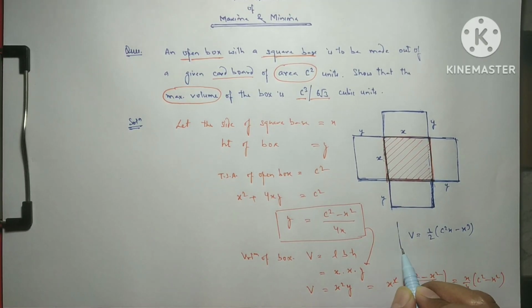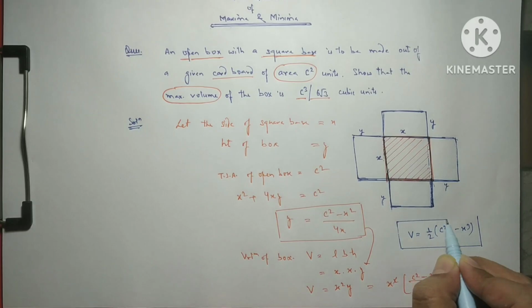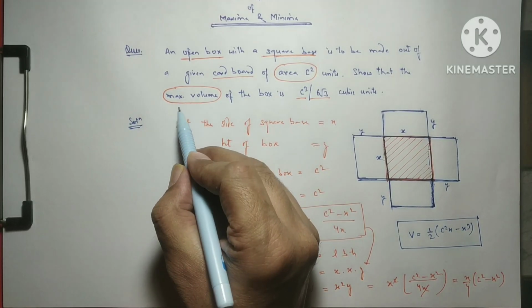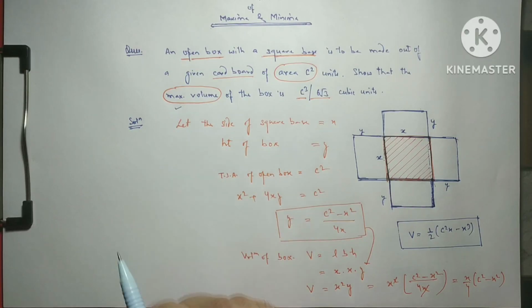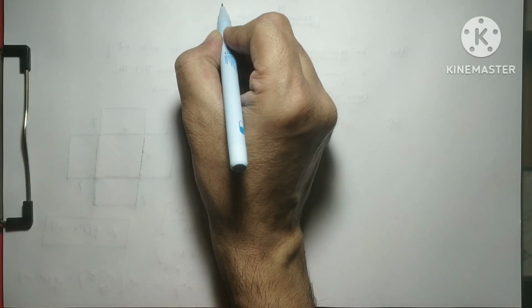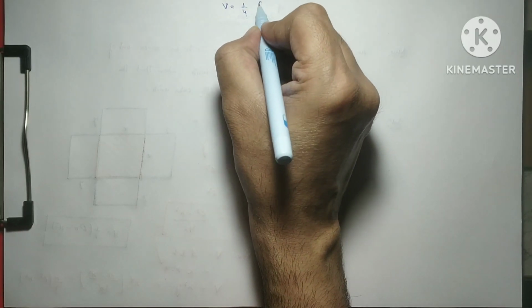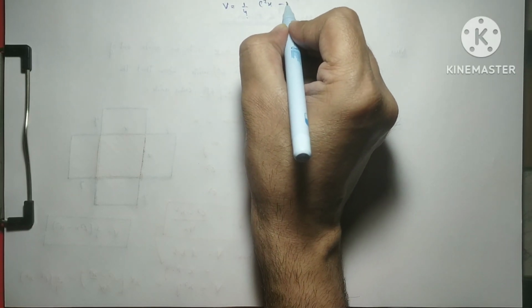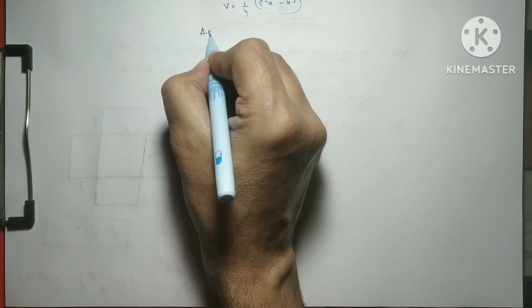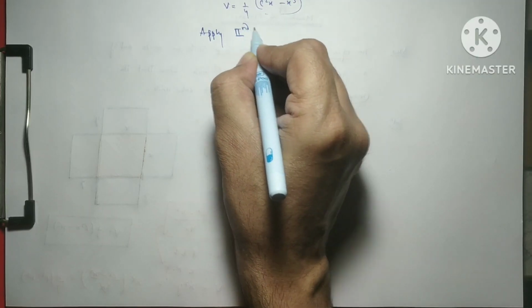So we will use the second derivative test on this expression to show the maximum volume. Now the volume expression is V equals 1 over 4 c square x minus x cube. Now apply the second derivative test.